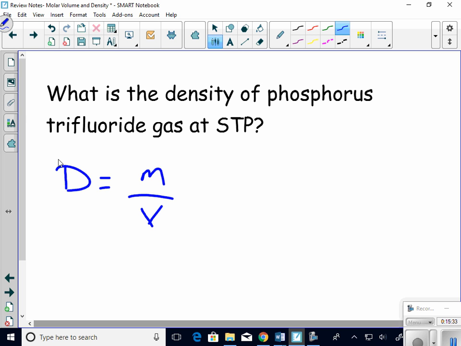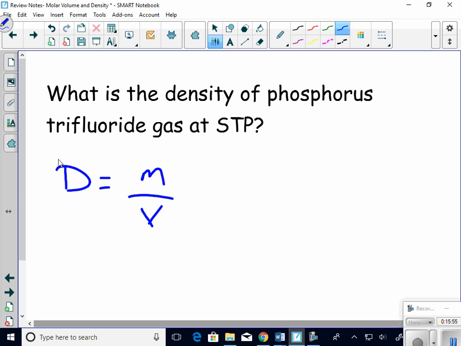So, if I were to tell you the molar density would be equal to what? What would the molar density be equal to? The molar mass over the molar volume.